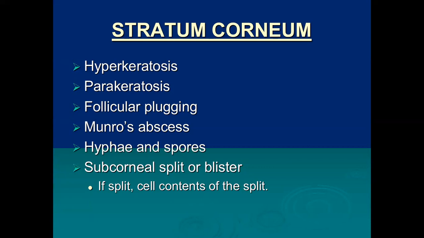So in the stratum corneum, we can see hyperkeratosis, parakeratosis, follicular plugging, Munro abscesses. We can see hyphae and spores, or there can be a subcorneal split or a subcorneal blister. If a split is seen, then we need to determine the cell contents of the split.